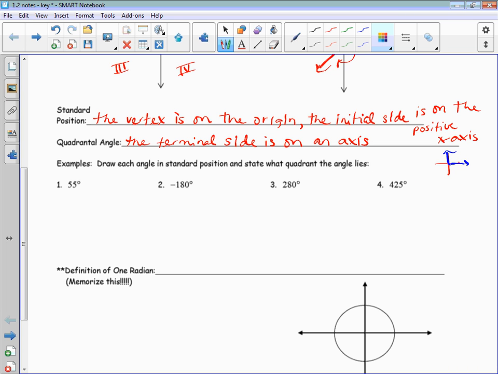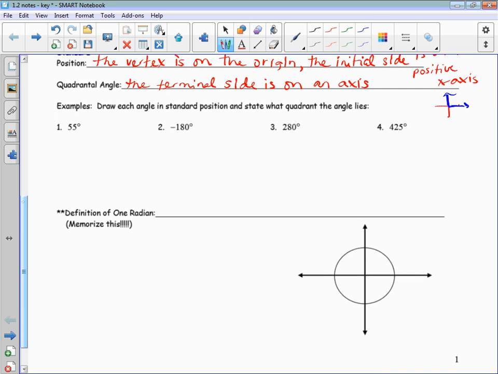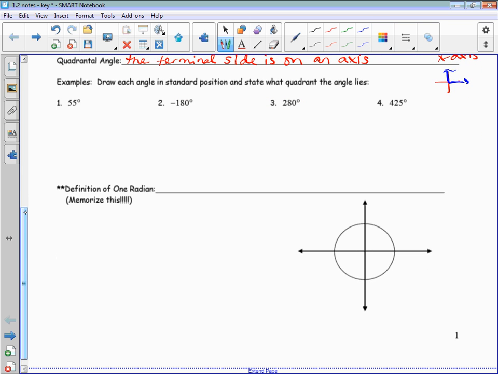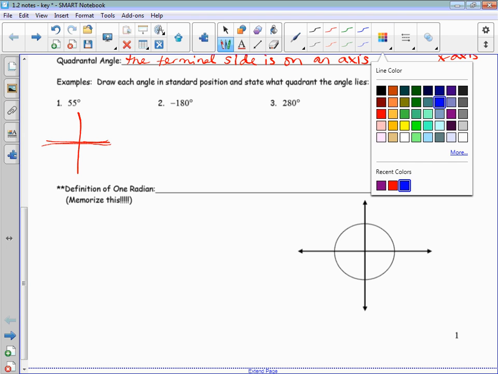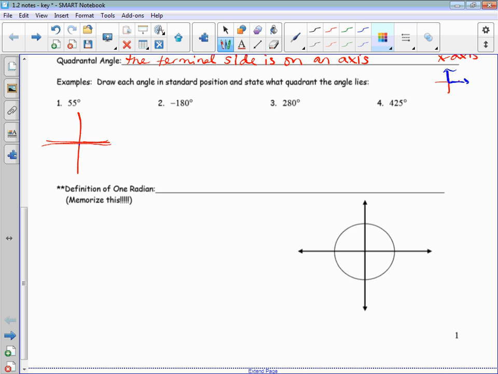All right, so let's do a couple of examples here. I'm going to do number 1 with you, and then have you try the other 3. So draw yourself just a little XY axis. So 55 degrees. To draw that, I start with my initial side on that positive x-axis. And then where is 55 degrees? Like how far? Which quadrant do I get to? Yeah, it's in the first, right?